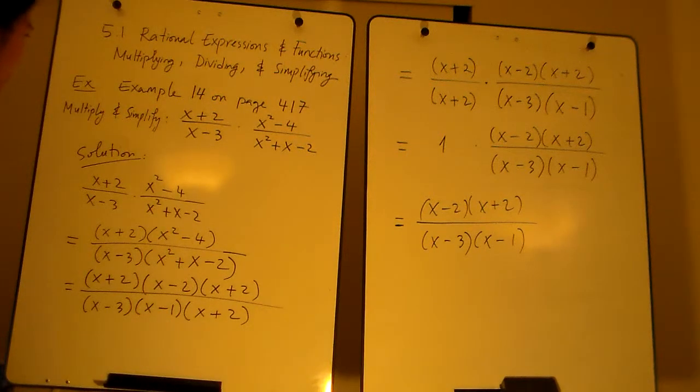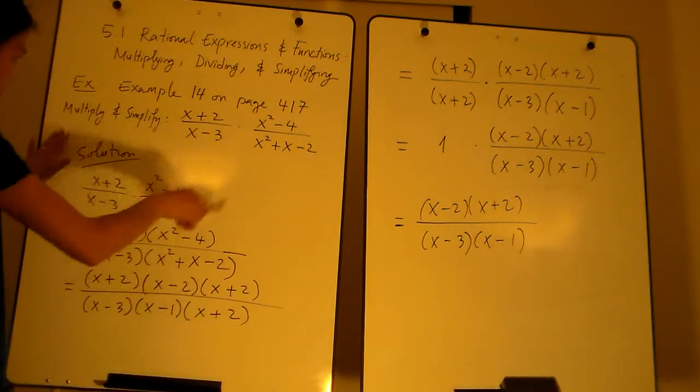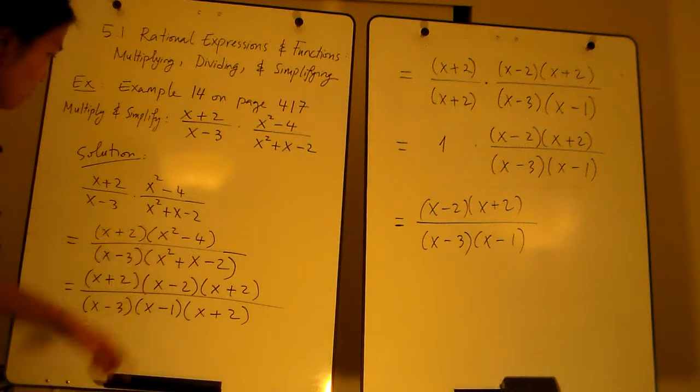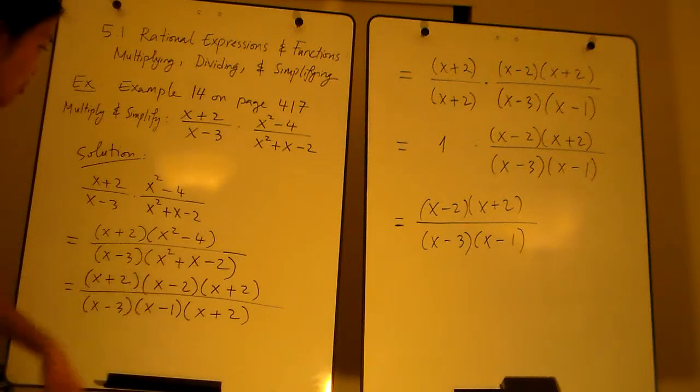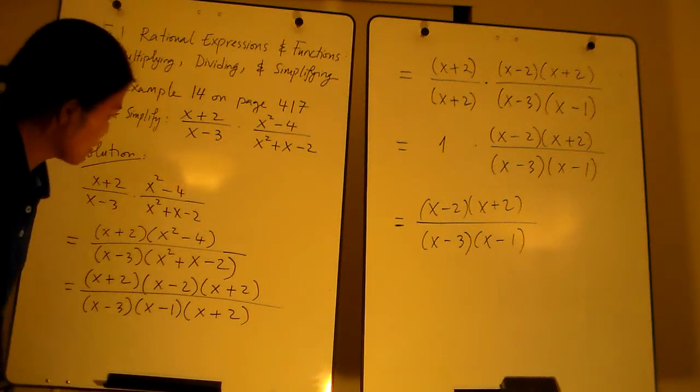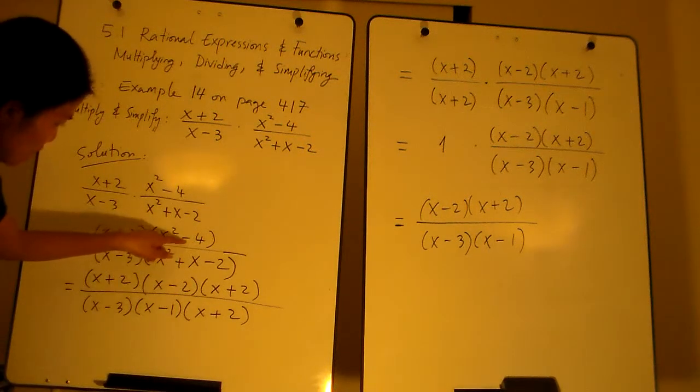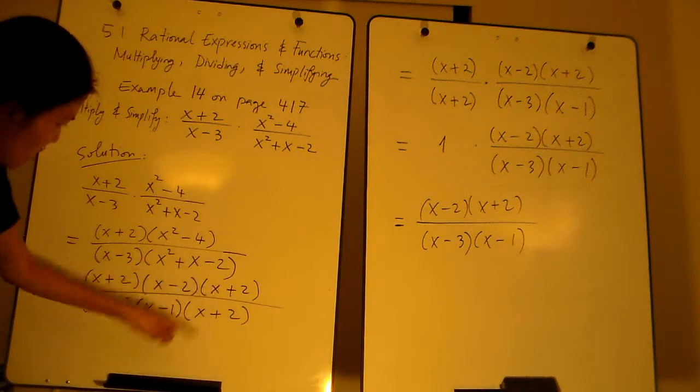So just recap quickly. Multiply numerators, denominators, and then simplify. When you simplify, look for all the factors and make sure whether the factors you have can still be factored or not. If it is factorable, do it. Like x squared minus 4 is factorable, factor it out.